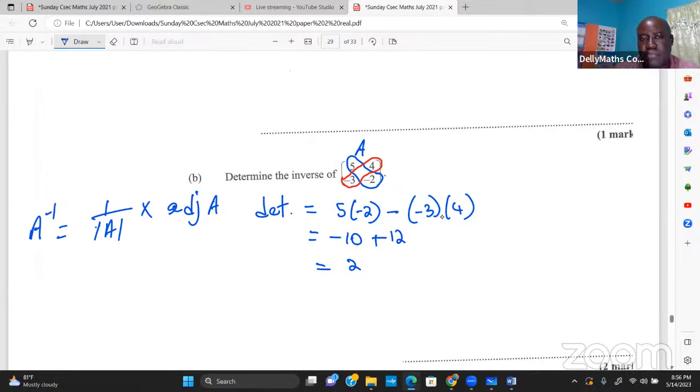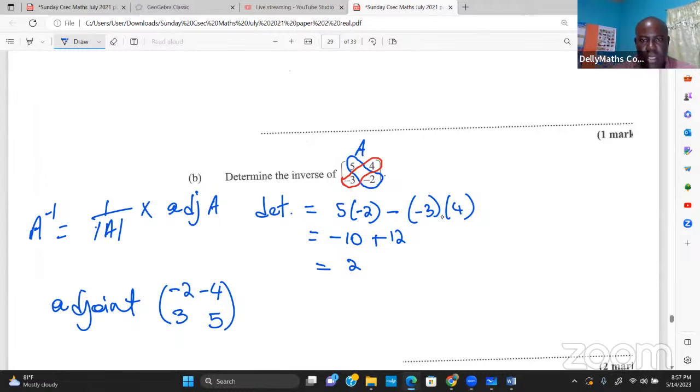My adjoint is to take the original matrix, switch the elements on the main diagonal, trade places. So -2 is going up there, and the 5 is coming down here. Change the signs on the non-leading, the red diagonal: -4, and the -3 becomes +3.